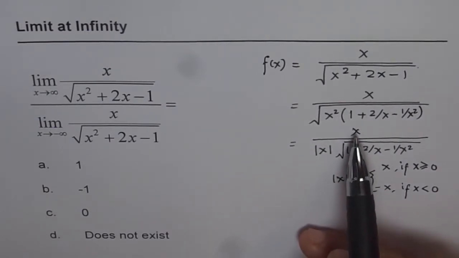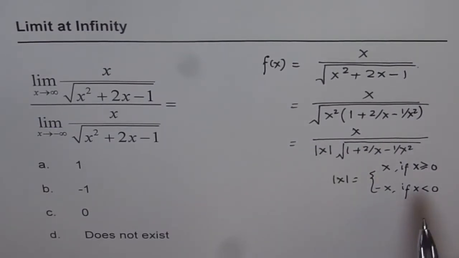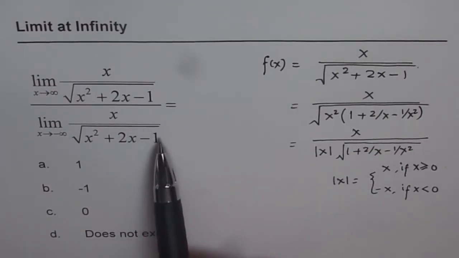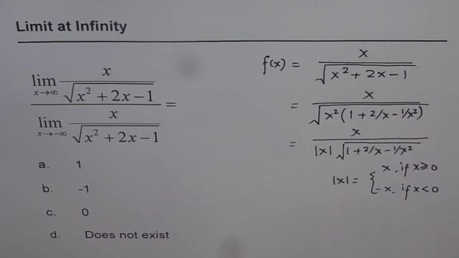So this ratio, x over absolute x, is plus 1 if you're approaching plus infinity. But this ratio is minus 1 if you're approaching minus infinity. Do you get the point? And therefore, the limits will be plus 1 for the numerator, minus 1 for the denominator, and the answer will be minus 1, correct?